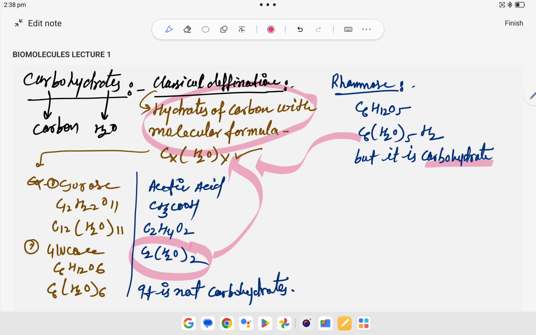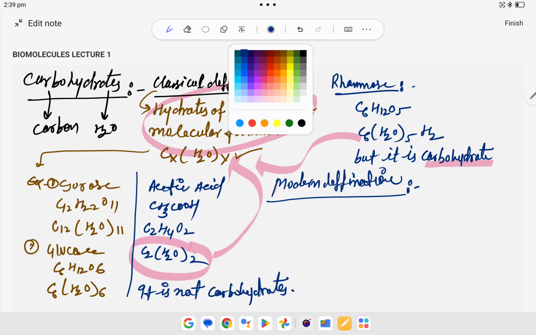So what is the modern definition? Let's talk about the modern definition of carbohydrates. So what is the definition, guys?